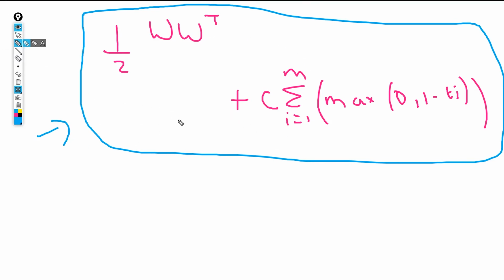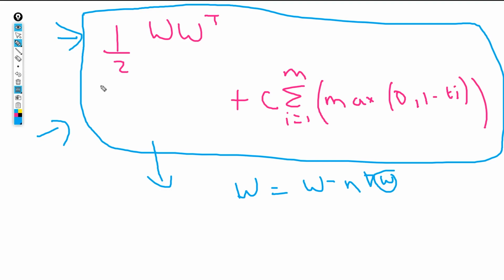For gradient descent, you have to take just the w values like this, so that is going to be w equals w minus n delta of w. Here w is this whole line, this whole loss. So this is what we are going to do here, and thanks for watching, and I'll see you next time.